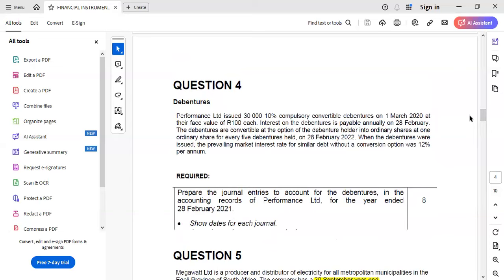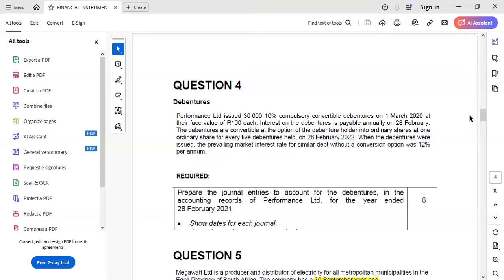The debentures are convertible at the option of the debenture holder into ordinary shares at 1 ordinary share for every 5 debentures held on 28 February 2022. When the debentures were issued, the prevailing market interest rate on similar debentures without a conversion option was 12% per annum.